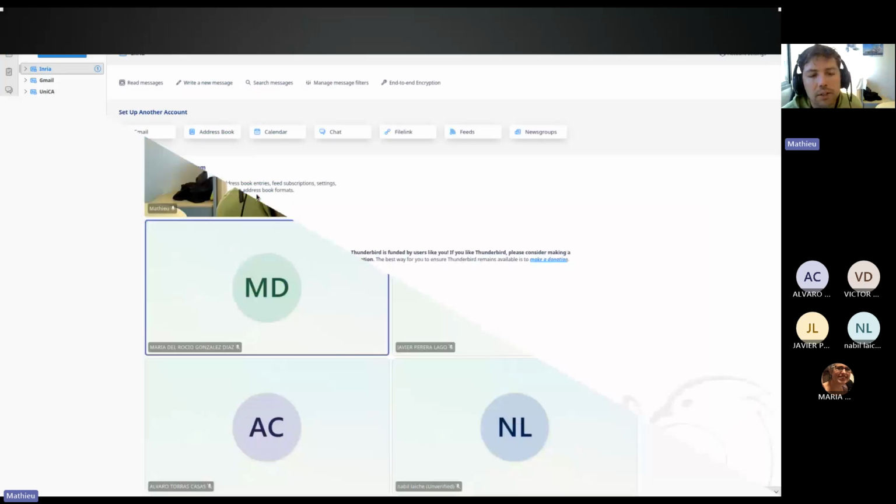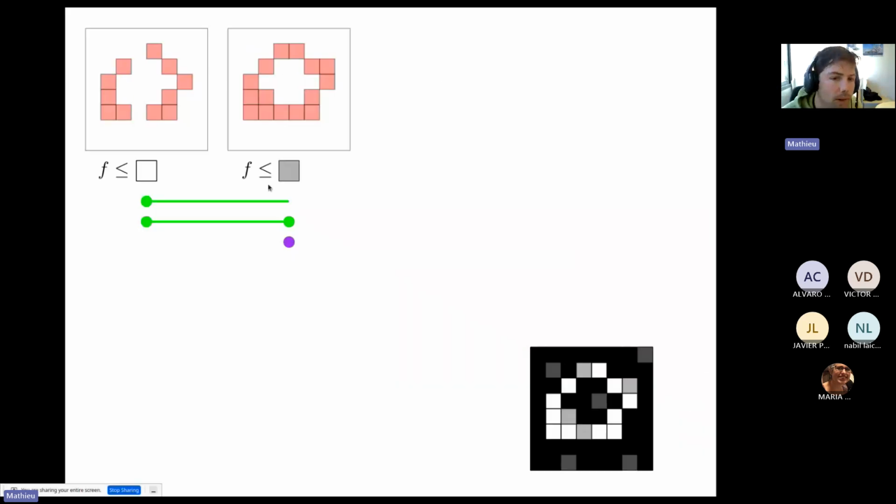If I now increase to, let's say, grayish, one of the two connected components got attached to the first one. So at the beginning, when I had two connected components, I started two intervals. I let the components live. And when I reach this value, one of the two components is attached to the other one, so it dies in a way.